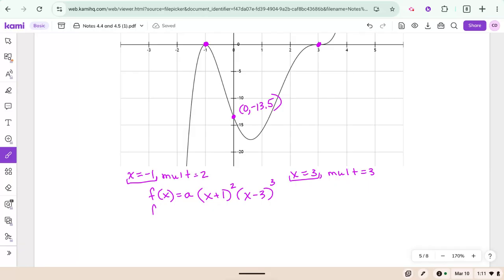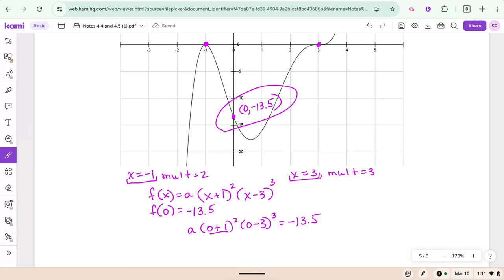What I do know is this point right here. I know that if x is 0, my answer is -13.5. So I'm going to take my function, I'm going to substitute 0 in place of x, and I'm going to say that's equal to -13.5, and this is going to help me find my a value.